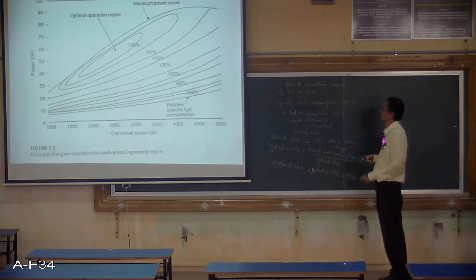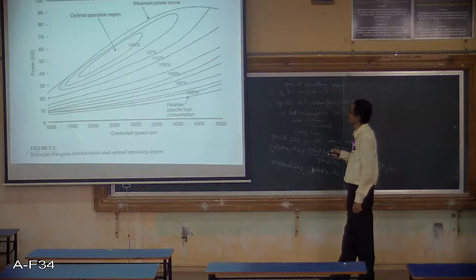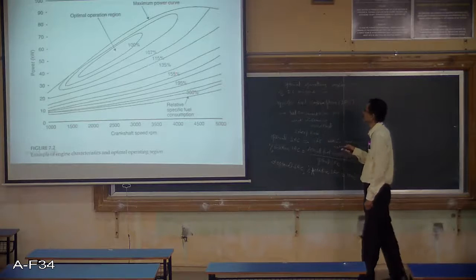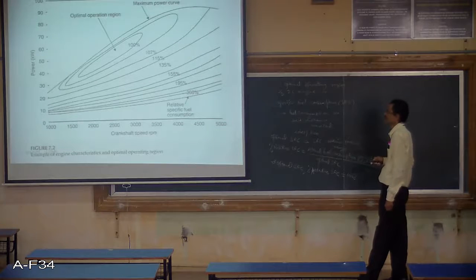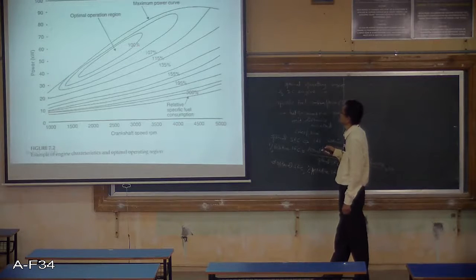So and here as you can see, when you are running the vehicle only with the help of IC engine, you cannot operate the engine within this range. It is not possible, because if you want to have higher speed beyond this value, say beyond 3500 RPM, then you need to go into higher specific fuel consumption. So as you go on increasing the speed here, what happens is the relative specific fuel consumption increases 100%, 107, 115, 135 and so on up to 300%.